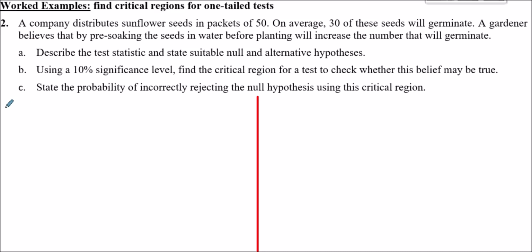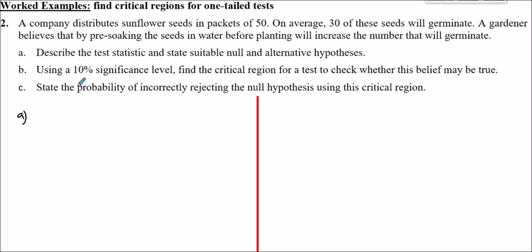So for part A, the test statistic, there's a few you could mention, well, 2 I'd say. The first obvious test statistic would be the proportion of seeds that germinate. What I'd suggest though, because it's actually an experiment, we can use 50 and count the number of seeds that germinate.